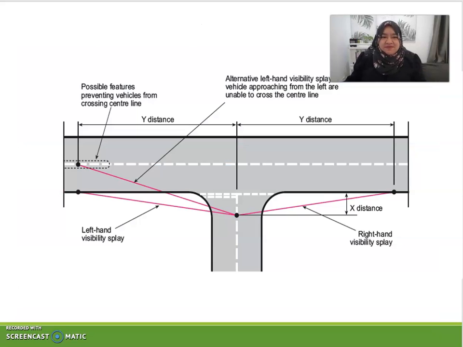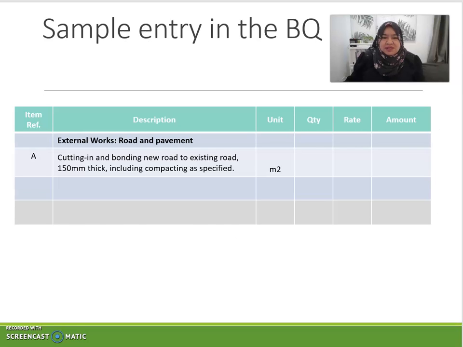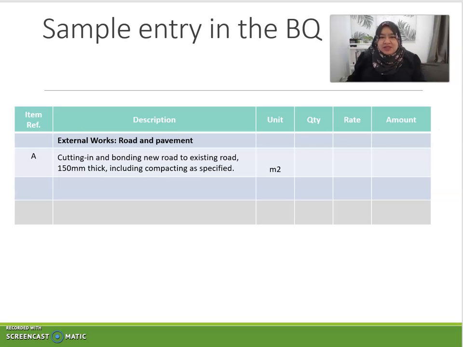If you have an item for cutting and bonding to an existing road, it should be described in your description, and explain at least the thickness of your pavement, and it should be measured in meter square.